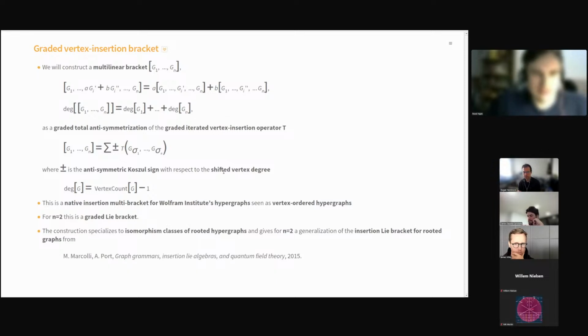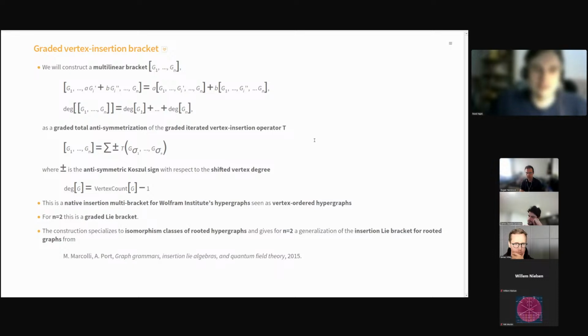What is good about this bracket is that it actually works directly with Wolfram Institute's hypergraphs as they are defined when you see them as vertex ordered hypergraphs. The Wolfram Institute's hypergraphs are defined as a data structure, and you can consider them up to different isomorphisms.